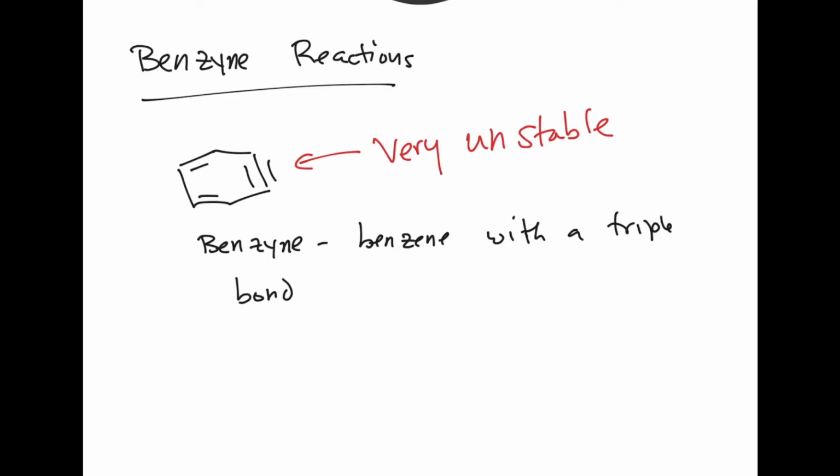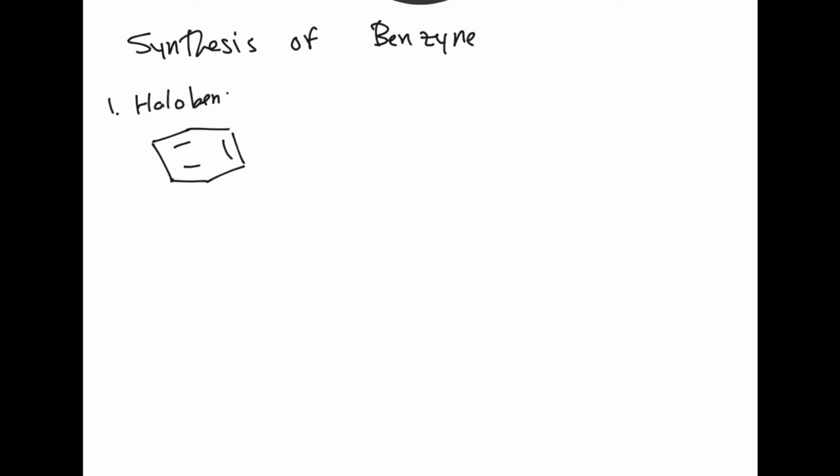So you can make these a couple different ways, and depending on how you make them, that kind of changes what products you can make. So the first way you can make a benzyne is just with base. So this is with a halobenzene and hydroxide or alkoxide.